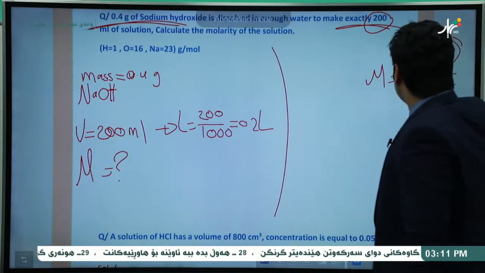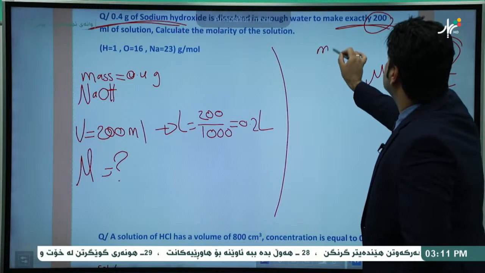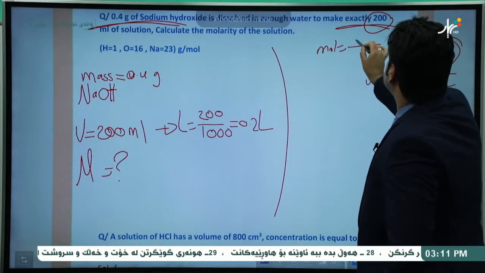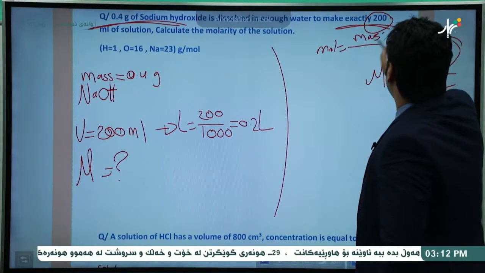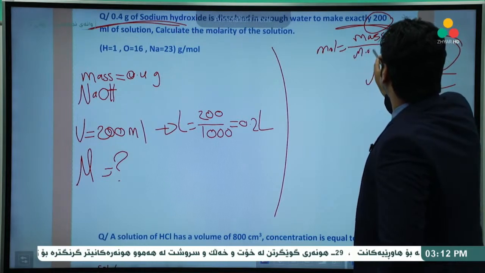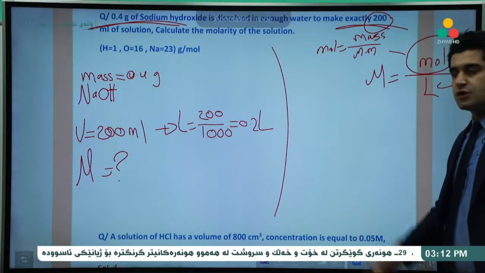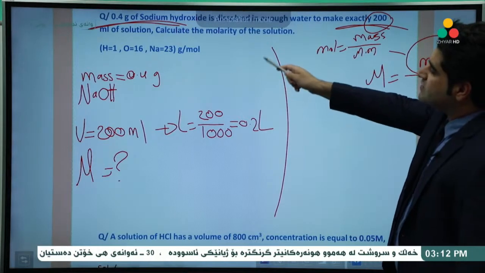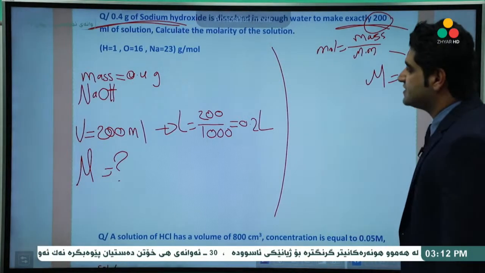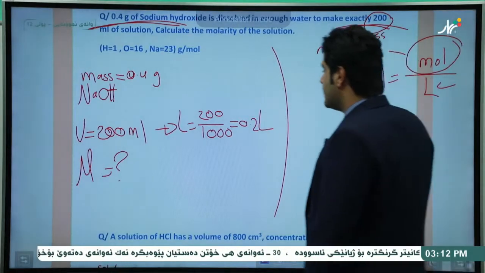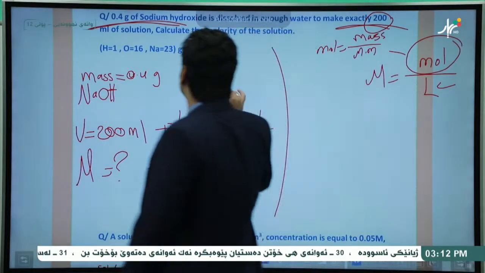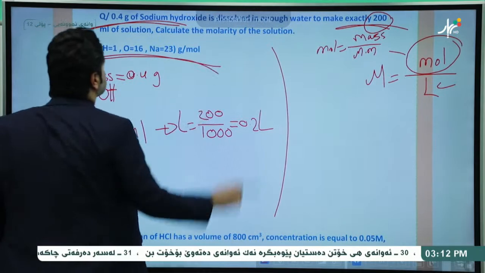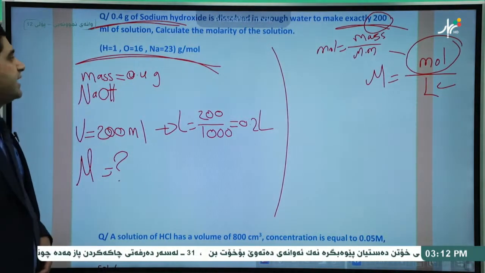Mole is equal to, we know that, mass over molar mass. We have the mass of the solute, which is sodium hydroxide, 0.4 grams. And we have to calculate the molar mass of sodium hydroxide by ourselves.